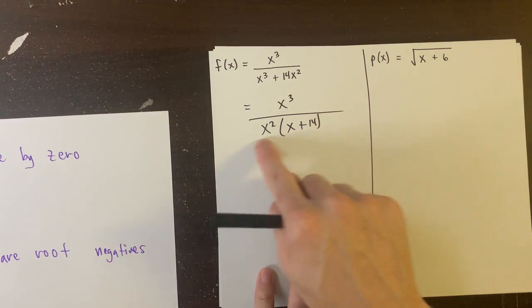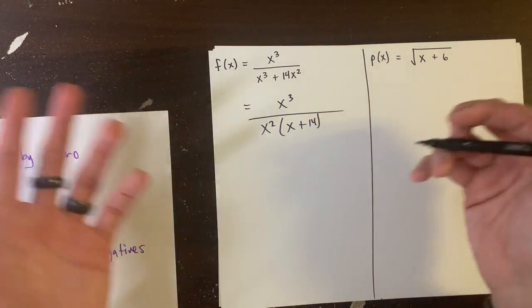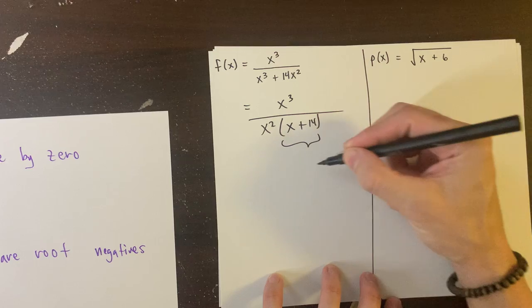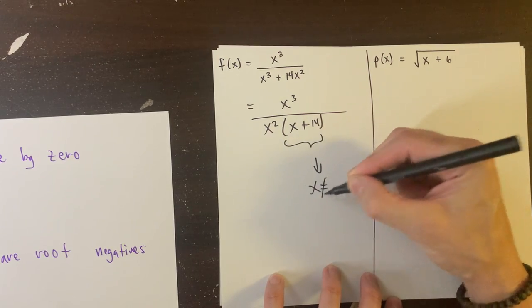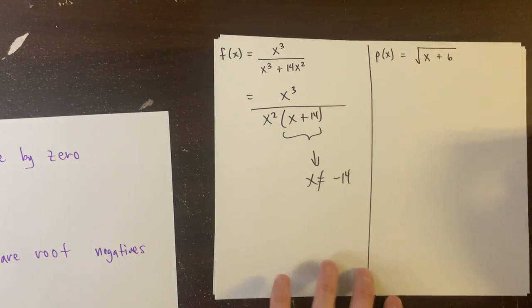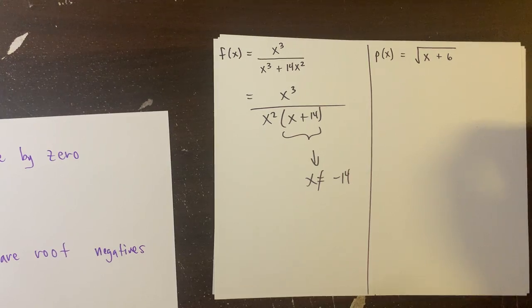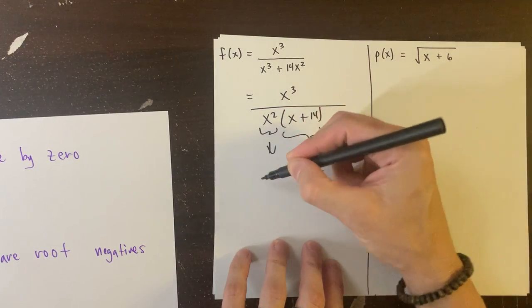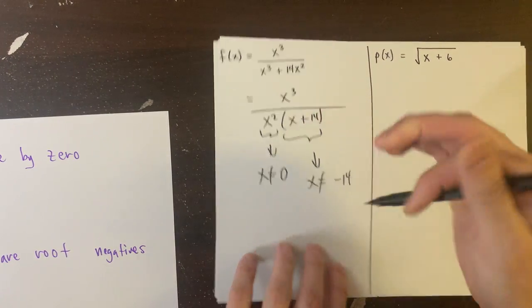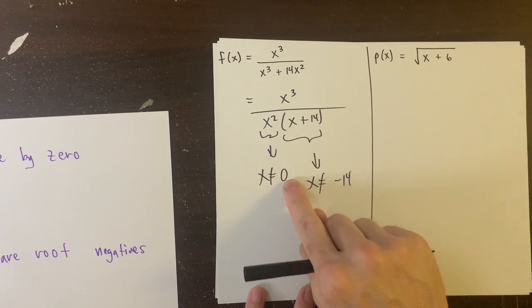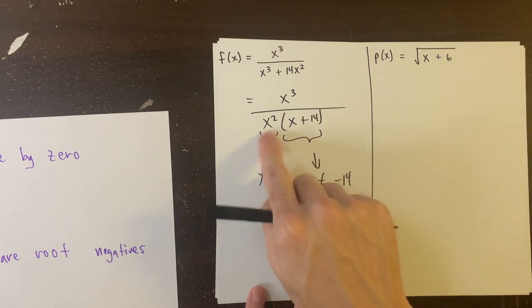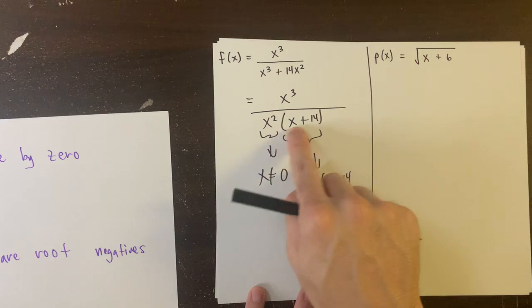And I wanted to see it factorized because now I know what pieces are telling me. For instance, that piece alone is telling us that x cannot be negative 14. And this piece here is telling you that x cannot be 0. Because if you plug in 0 there, it'll be 0. If you plug in negative 14, it'll be 0.